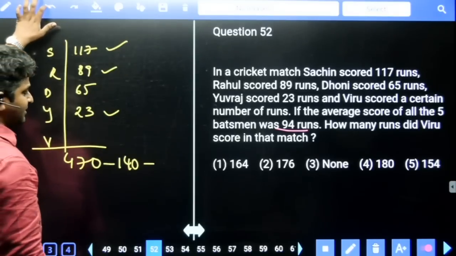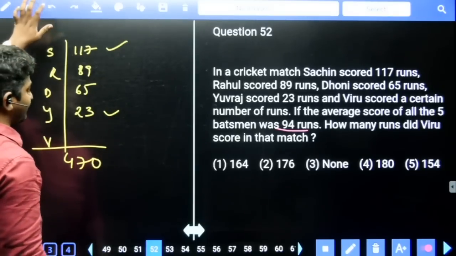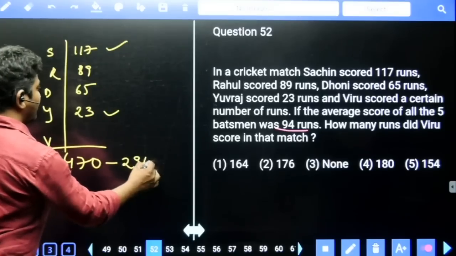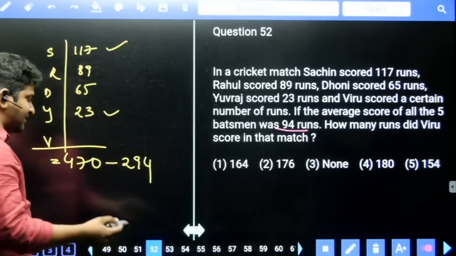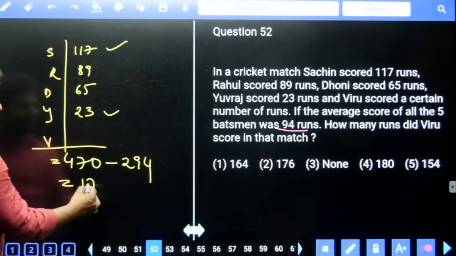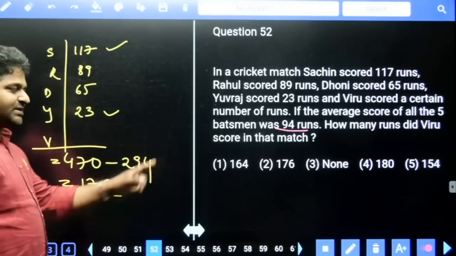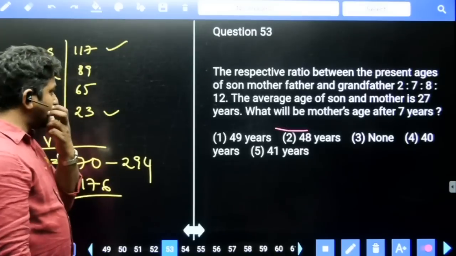From 470 you have to subtract 294. Instead of subtracting 294, subtract 300 and add 6. When you subtract 300, that is 170, and add 6, 176. 176, second option is the answer.